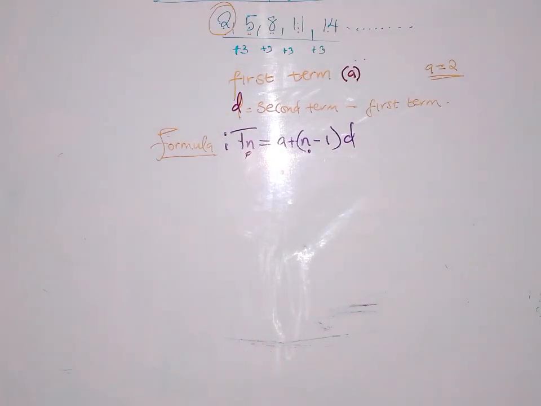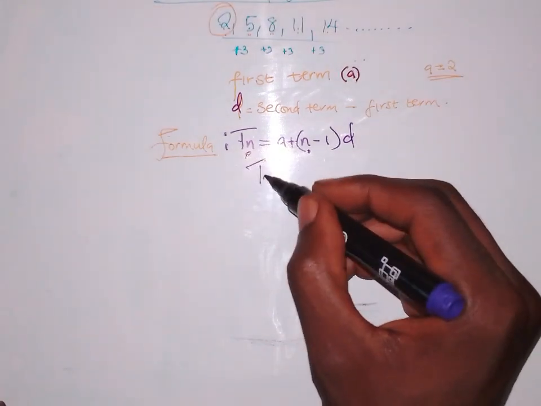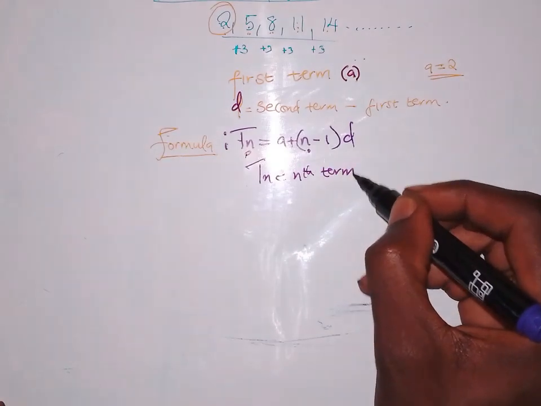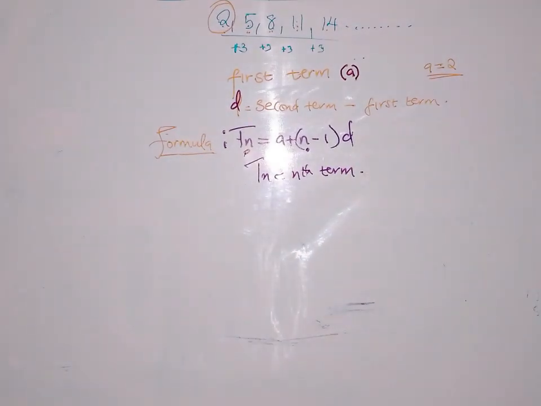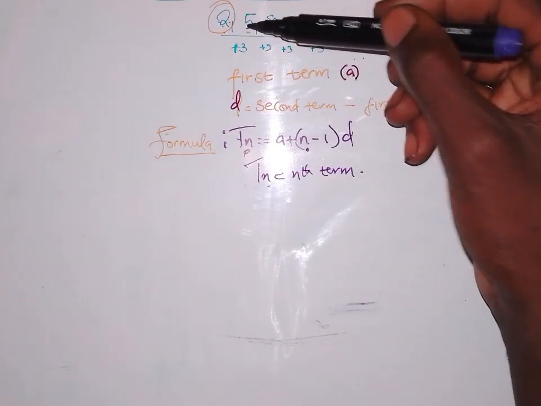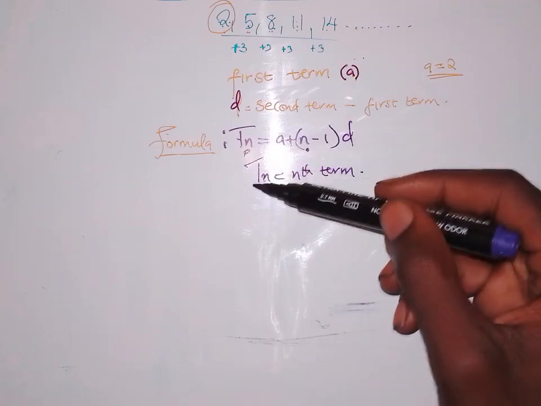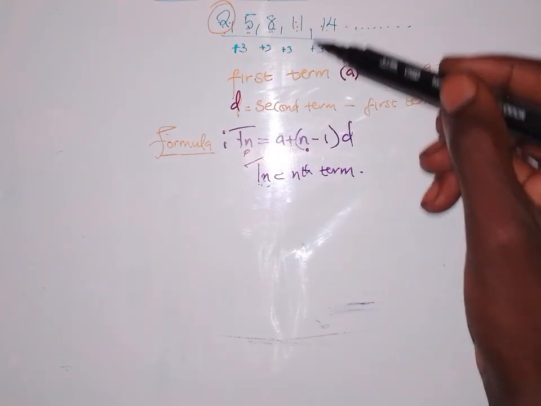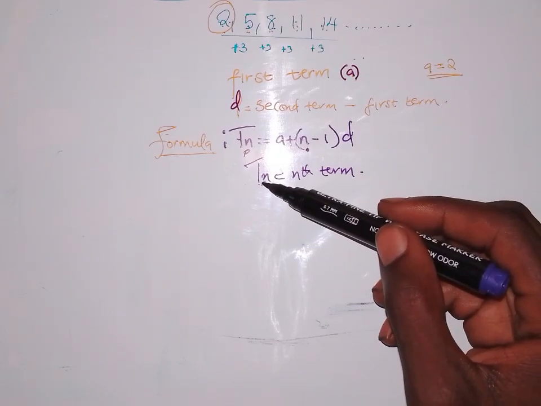What does Tn mean? This means the nth term. When you say the nth term, this is the term, or the number, which we are looking for. For example, in our case, 2 is an nth term, 5 is an nth term, 8 is an nth term, 11 is an nth term, then 14 also is an nth term.